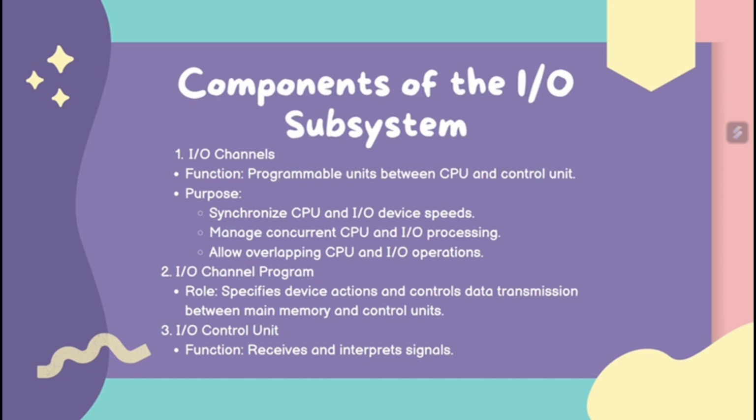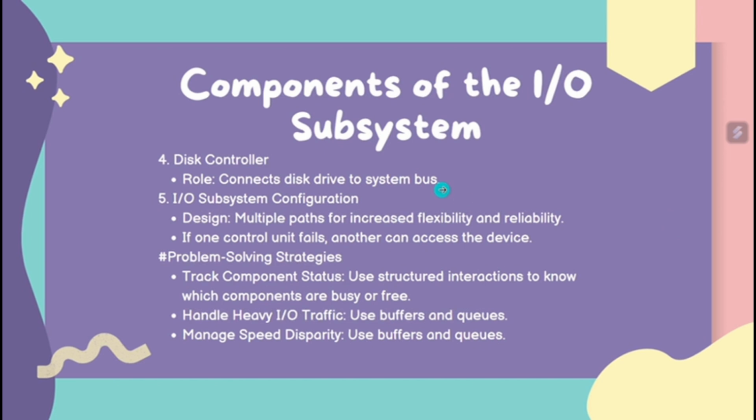The second component is the I/O channel program. It specifies device actions and controls data transmission between main memory and control units. The third component is the I/O control unit, which receives and interprets signals. The fourth one is the disk controller, which connects the disk drive to the system bus.